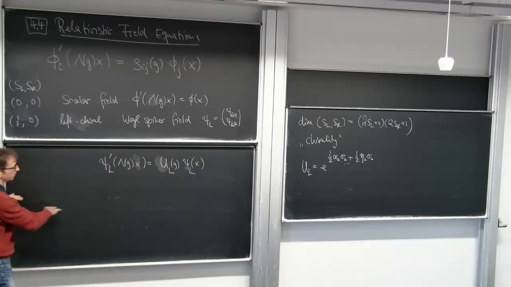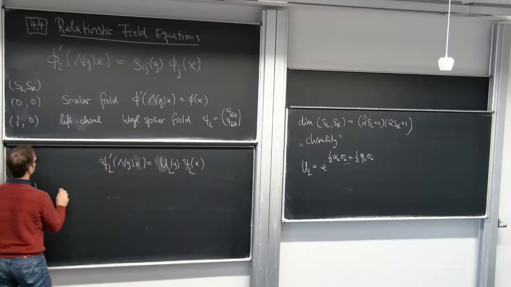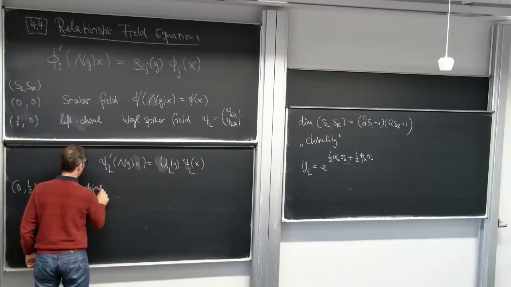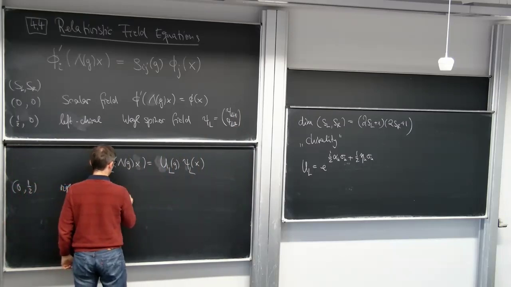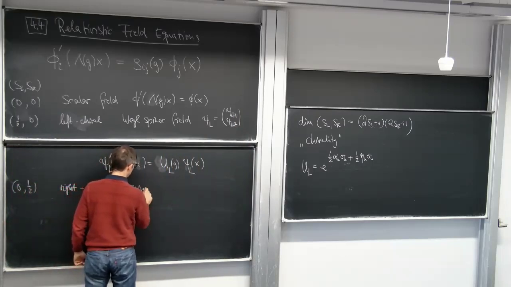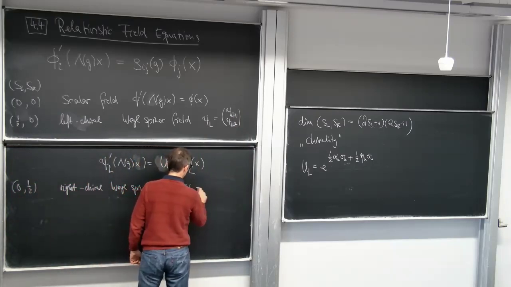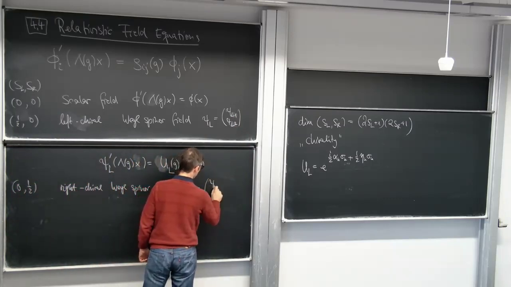In a minute, I'm going to write the same thing again for the other. So we write the right Weyl spinor field. It's psi R. It's the same thing. It also has two components.